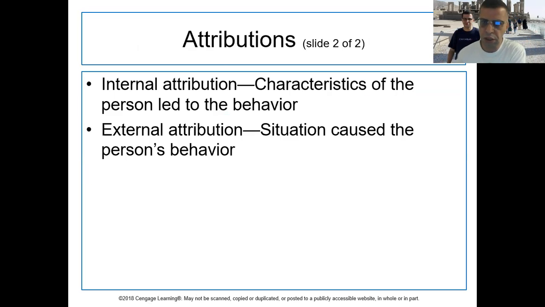Internal attribution is when the characteristics of the person led to that behavior. He's lazy, for example. We use that. He's a very smart person, something like that. The external attribution says the situation caused the person's behavior. We can put it on the environment.